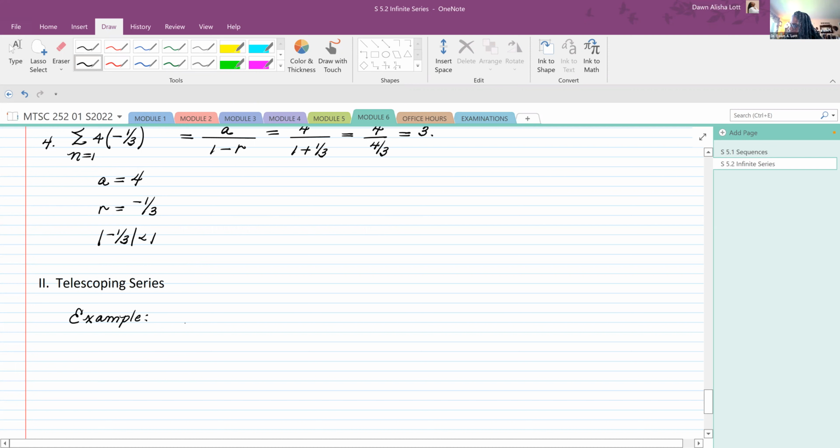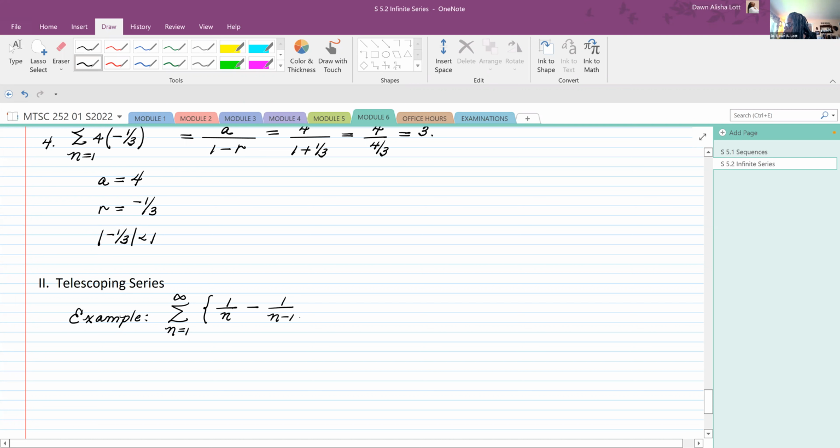The sum k equal 1 to infinity. Actually, I'm going to use n. N equal 1 to infinity of 1 over n minus 1 over n plus 1.